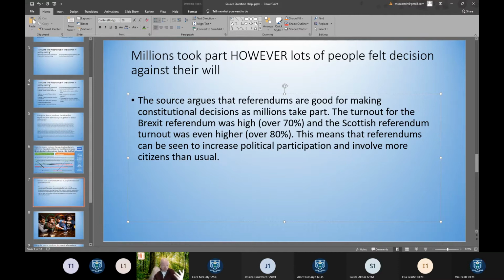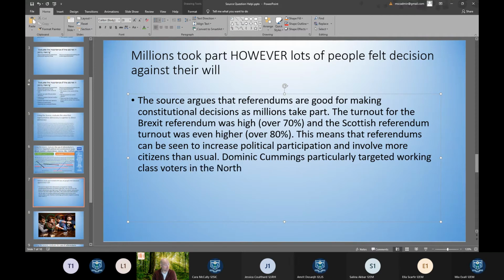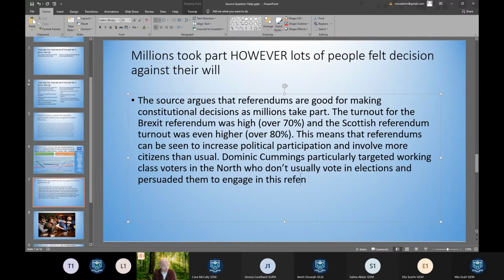Again, this is why wider reading is so important, because it increases the breadth of your knowledge. Dominic Cummings particularly targeted working class voters in the north who don't usually vote in elections, and persuaded them to engage in this referendum.